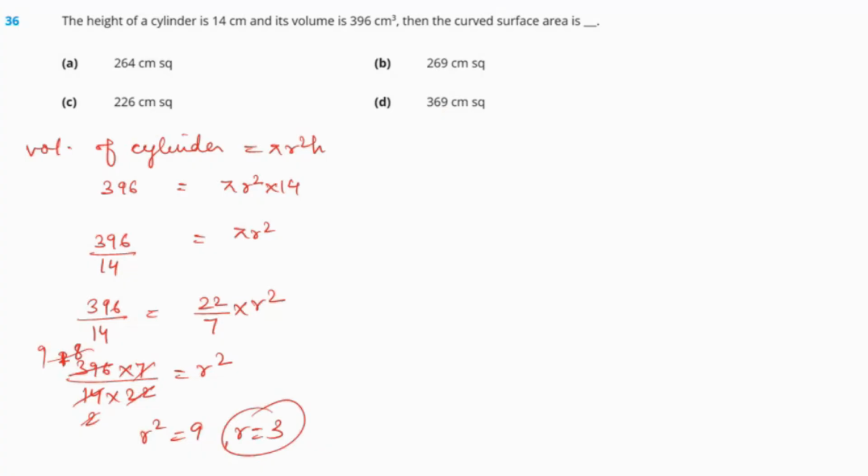Now the curved surface area of the cylinder is 2 pi r h. So that gives us 2 into 22 by 7 into r is 3 times h is what? 14. So when we solve this, we need to multiply all the things together.